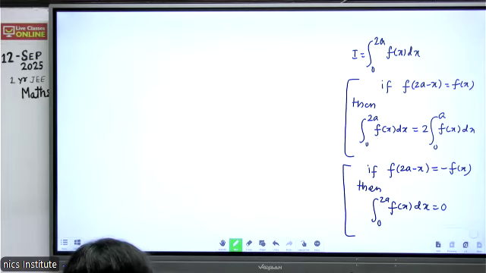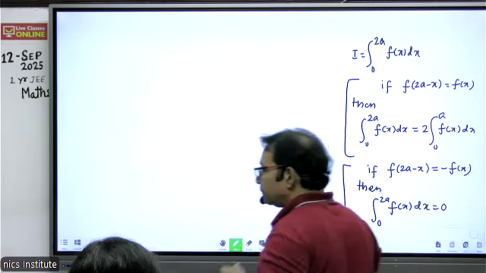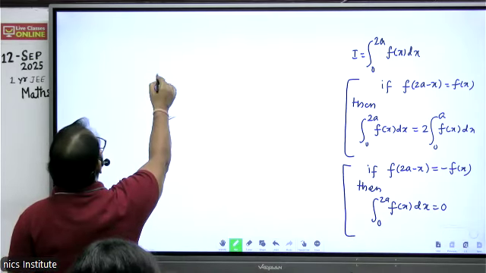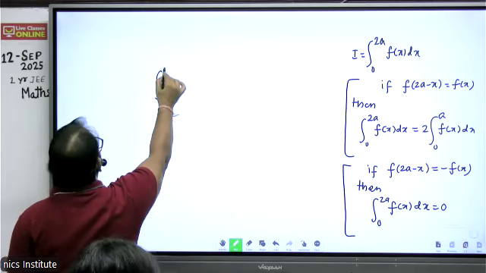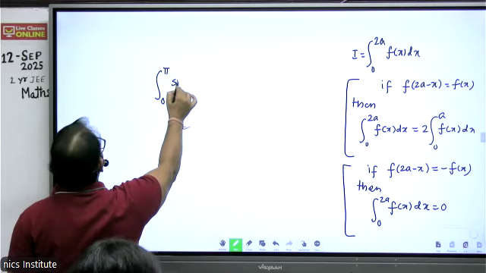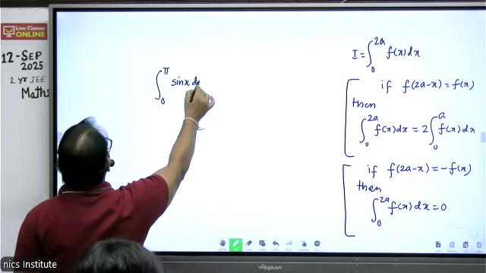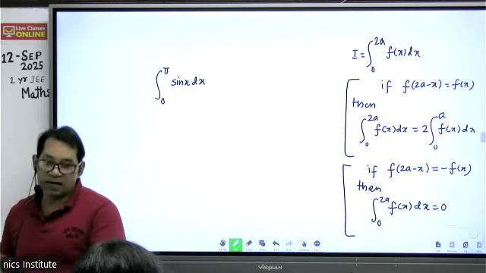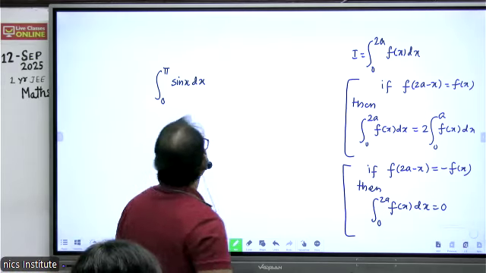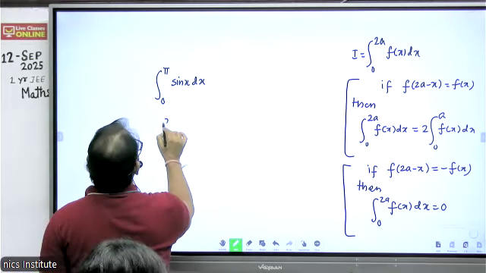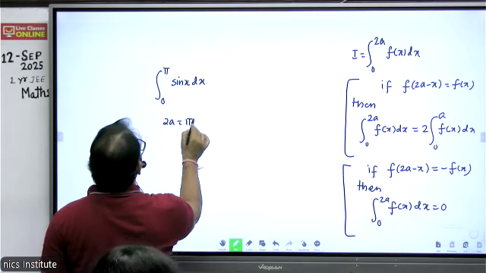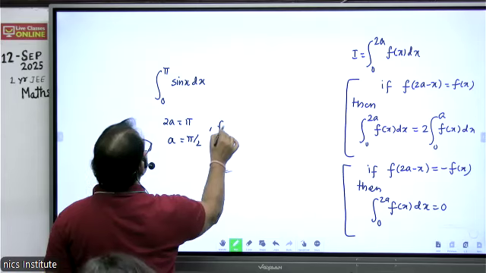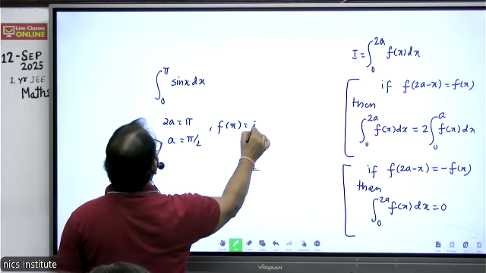So we'll now see how to use this property. Suppose you have a question 0 to pi sin x dx. So here we have 2a is equal to pi and a is equal to pi by 2. And your function is sin x.